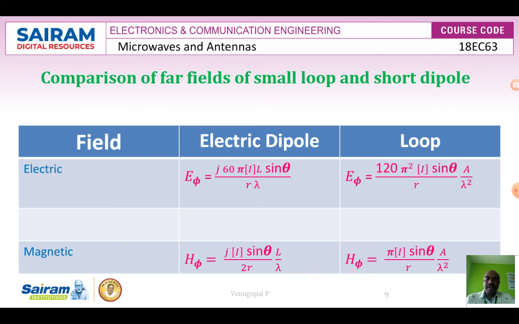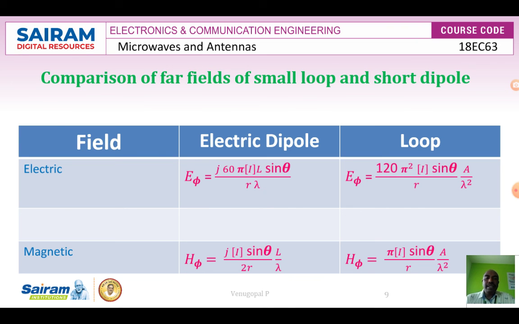So next we will see the comparison of the far fields of a small loop and a short dipole. Dear students, what is the electric field in the short dipole? What is the electric field in this small loop? Similarly, what is the equation of the magnetic field in the small loop as well as in the short dipole? We will see.